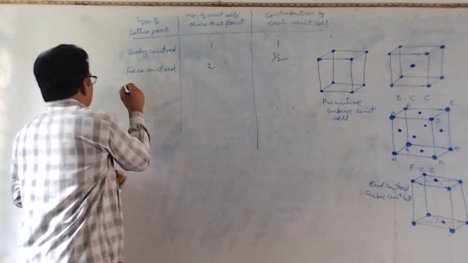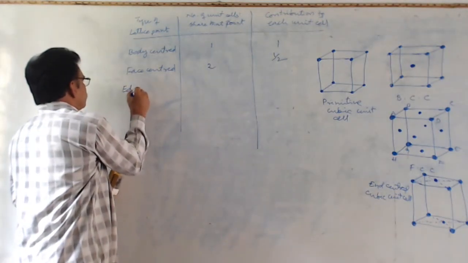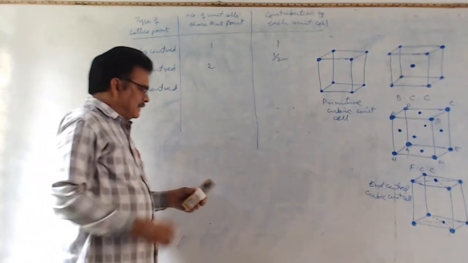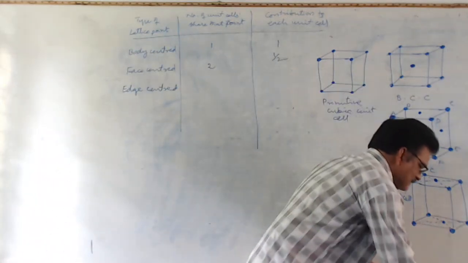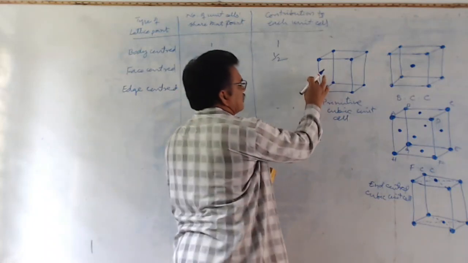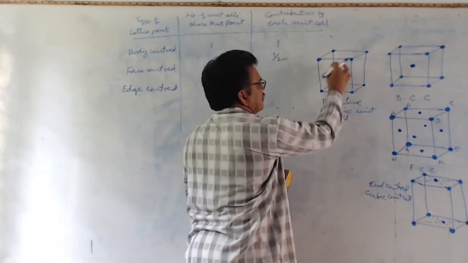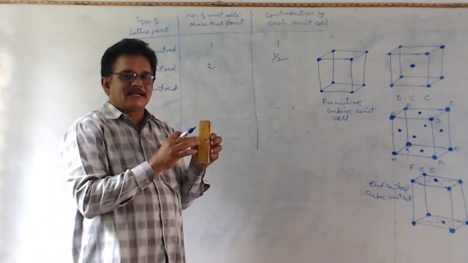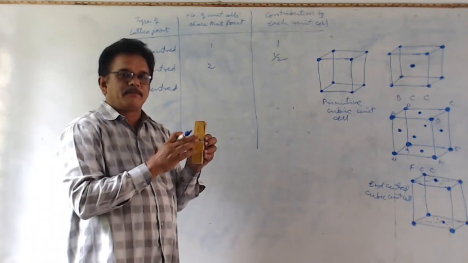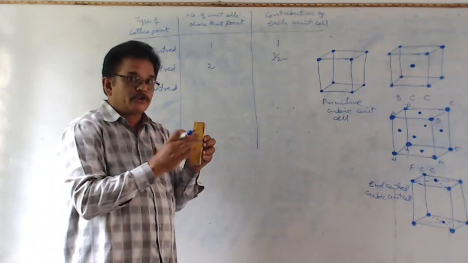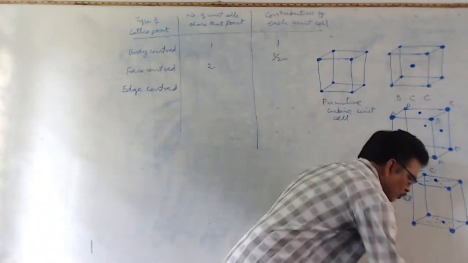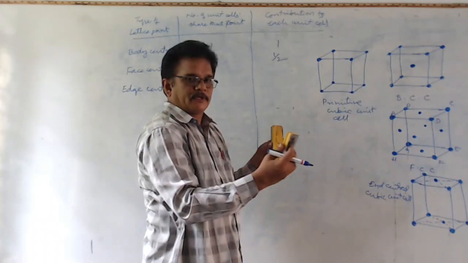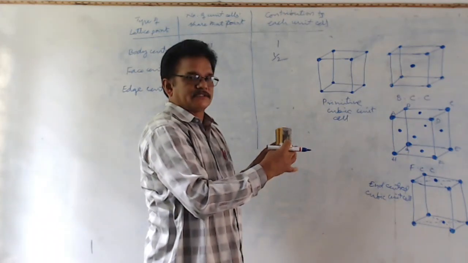And then the edge-centered lattice point. An edge-centered lattice point lies at the edge. This edge-centered lattice point is shared by 4 unit cells. How is it shared by 4 unit cells? Say here is one lattice point. Another unit cell comes like this.